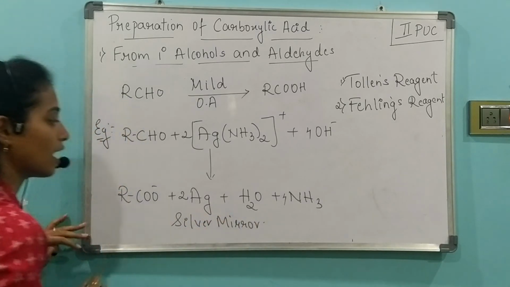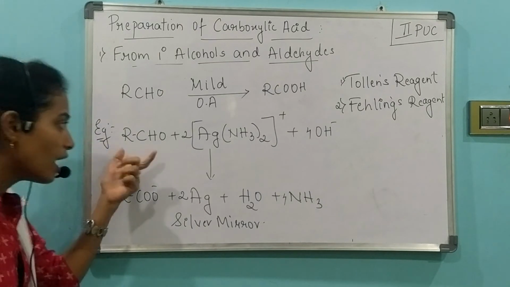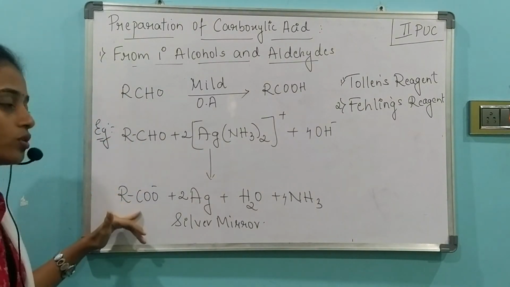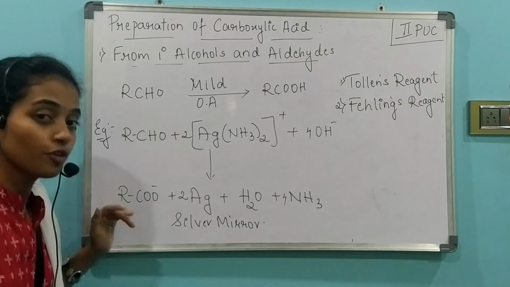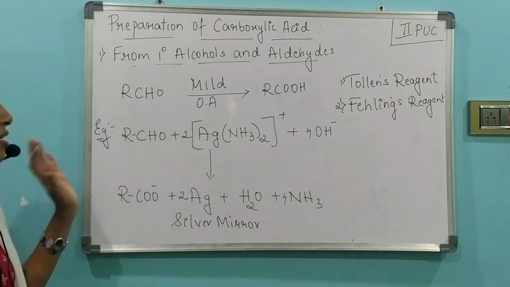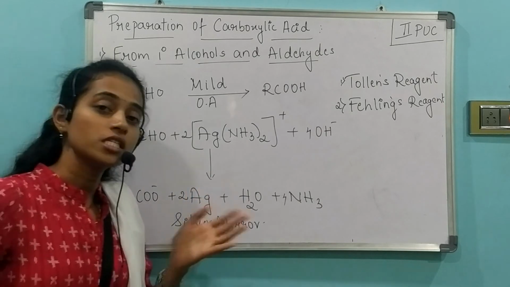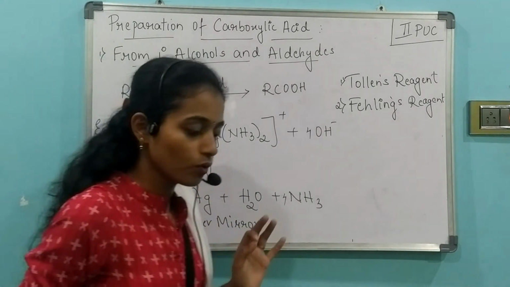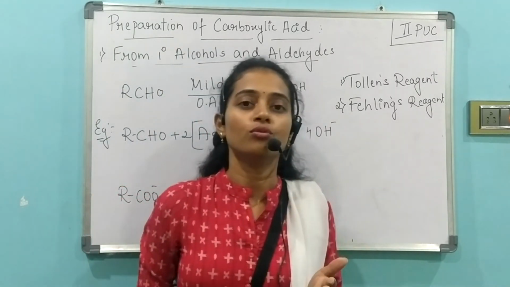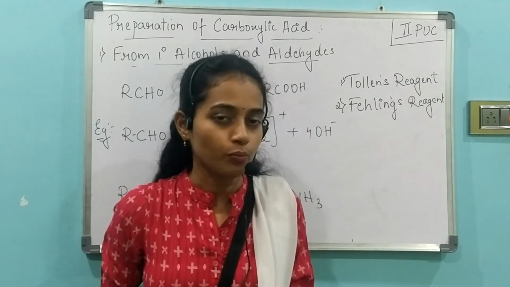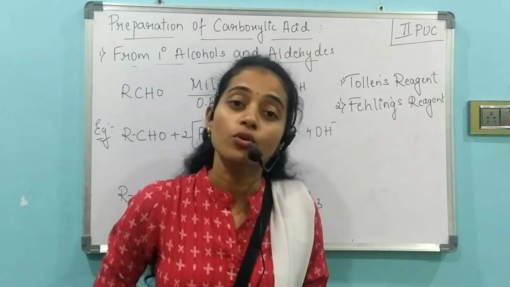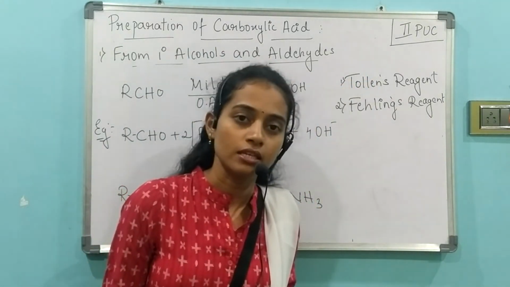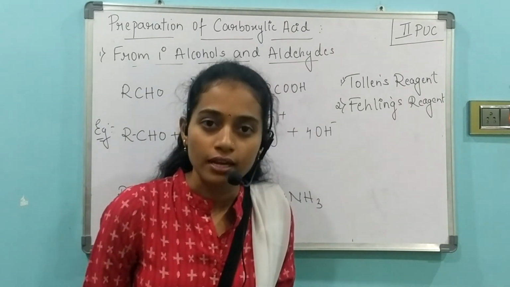It confirms that there is a presence of aldehyde in the test tube, and it has been converted into the carboxylate ion. If you remember, this test is used for distinguishing between an aldehyde and a ketone. If they have given you some sample and ask you to identify whether it is an aldehyde or a ketone, then you have to use freshly prepared Tollens reagent, that is ammoniacal silver nitrate solution.